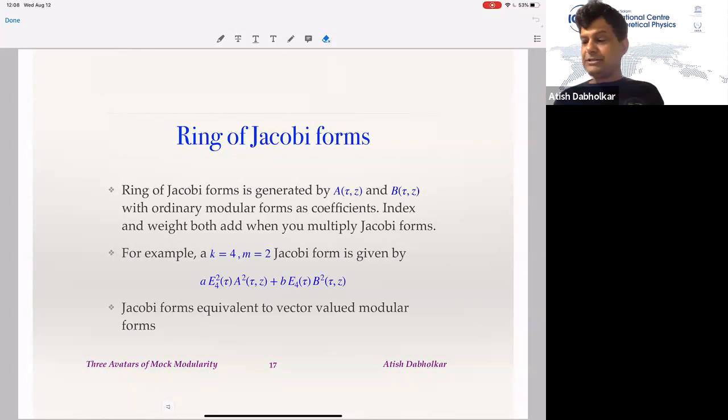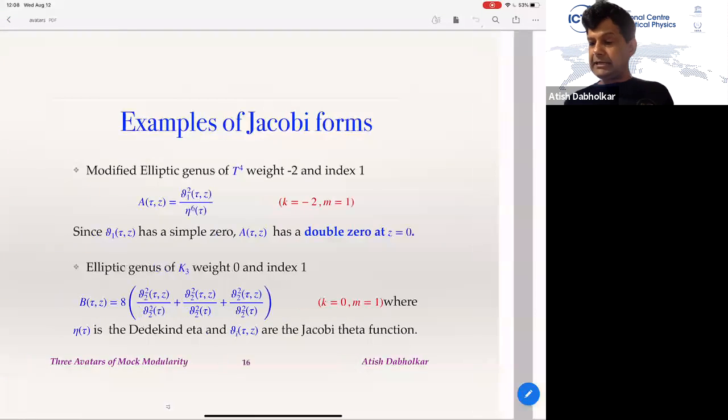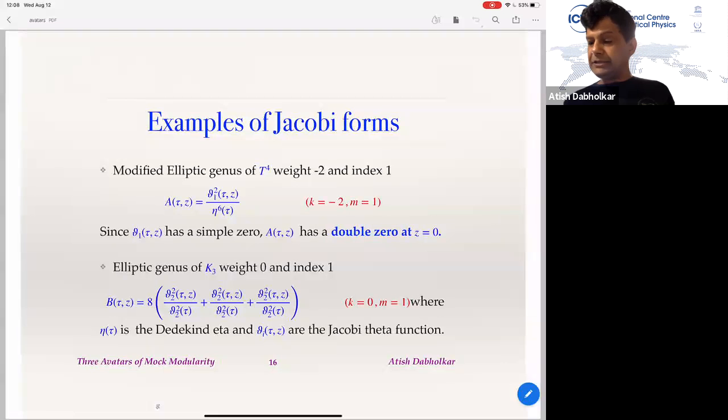but you cannot write down the answer just by observation. So, just to give you how powerful this theorem is, as I showed you previously, the elliptic genus of K3 I wrote down, and I said that you can do it by some explicit computation in orbifold conformal field theory.